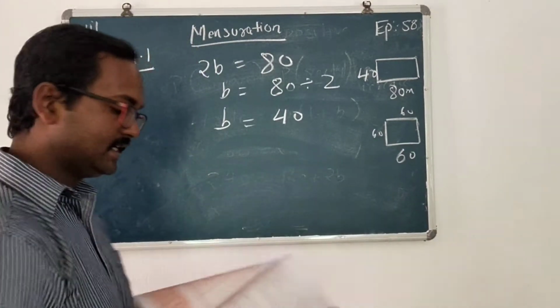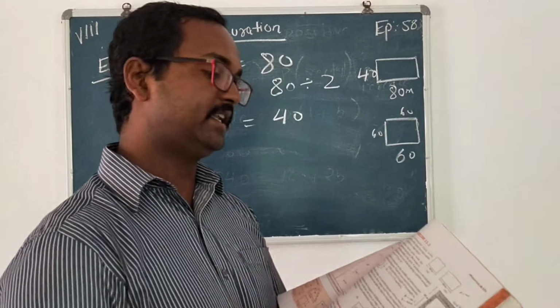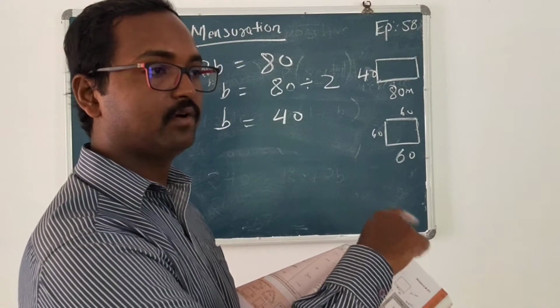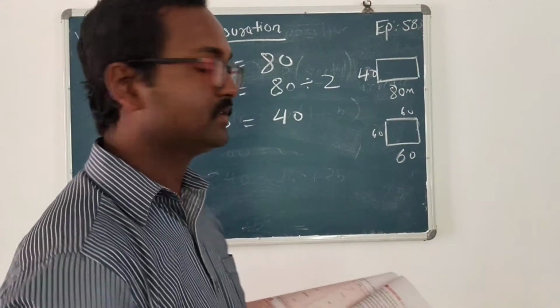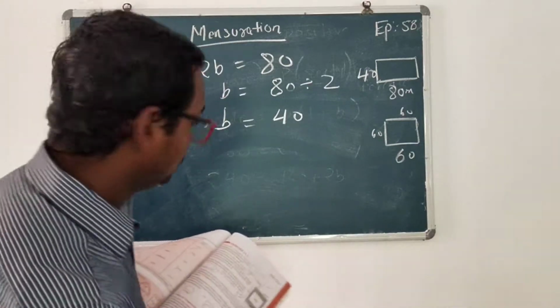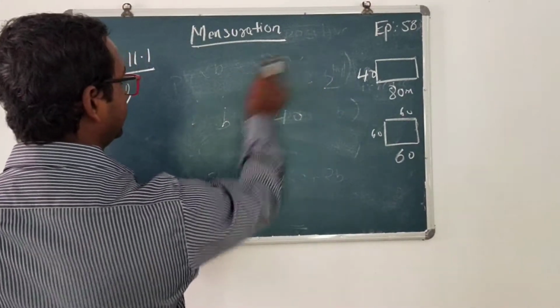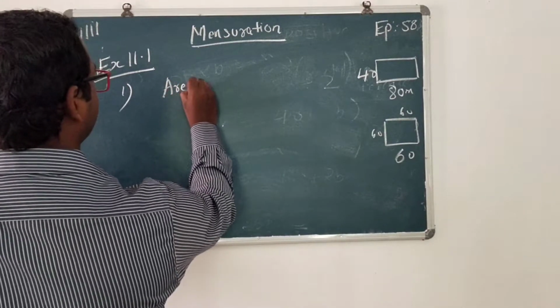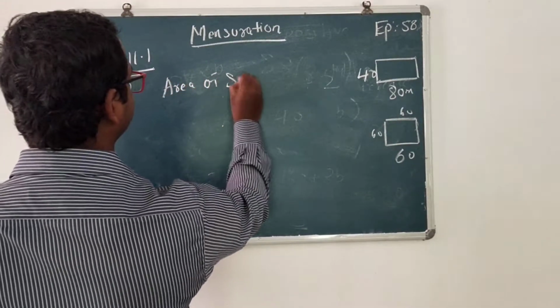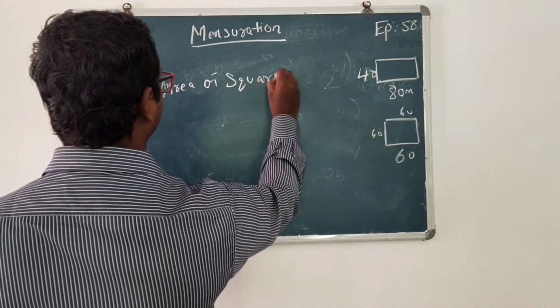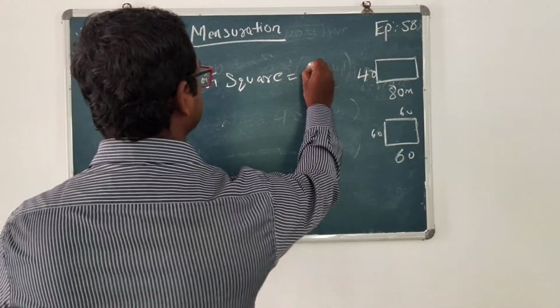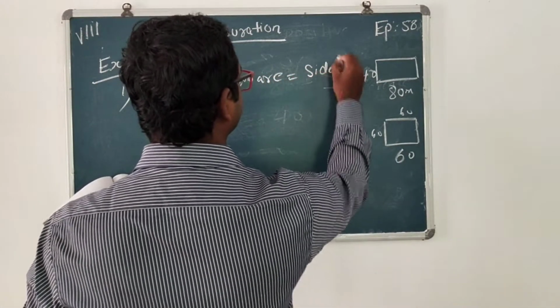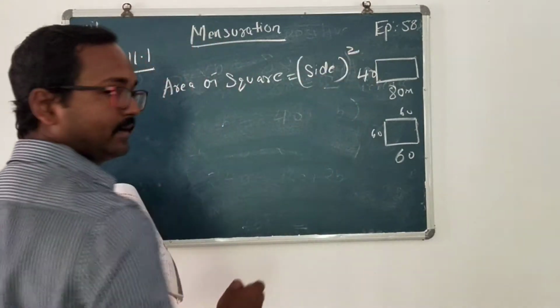In the question it is asked which field has larger area, whether the square has a larger area or the rectangle has a larger area. So to find that, let's find the area of square first. Area of square is side square.